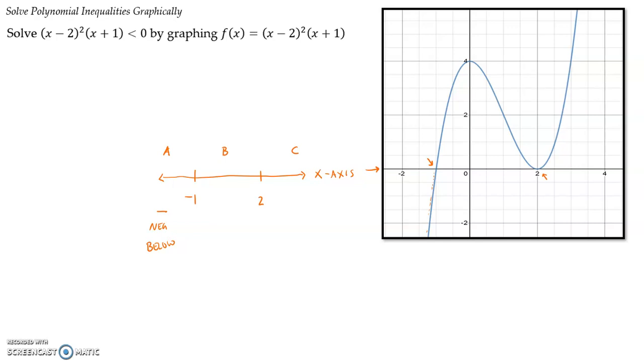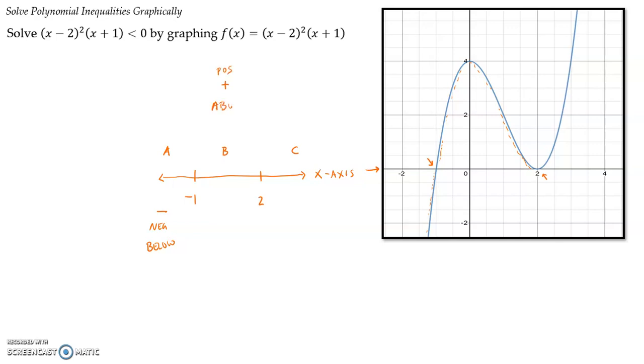If we look at interval B, which is our numbers between -1 and 2, we're looking at this portion of our graph. It goes all the way up and comes all the way back down until we get to this x value of 2, and this whole segment is above our x-axis. So this is where our y values are positive.